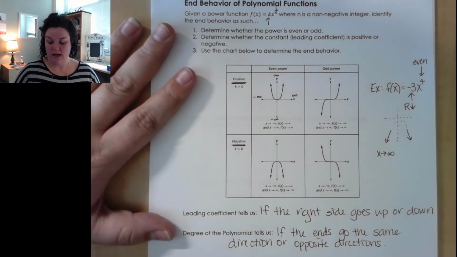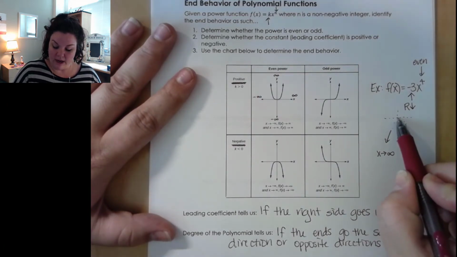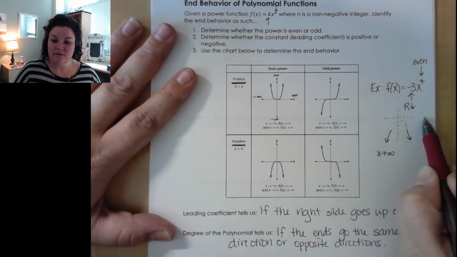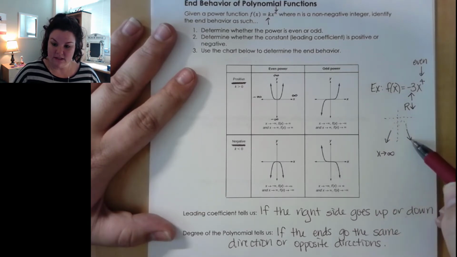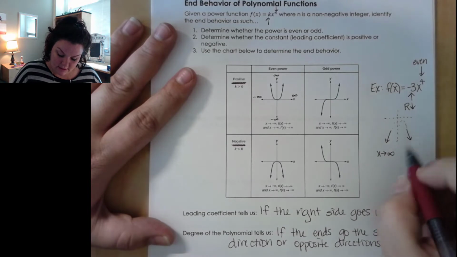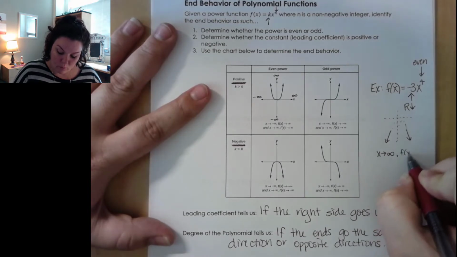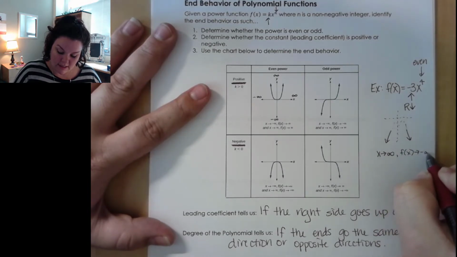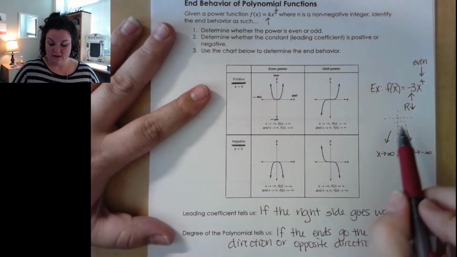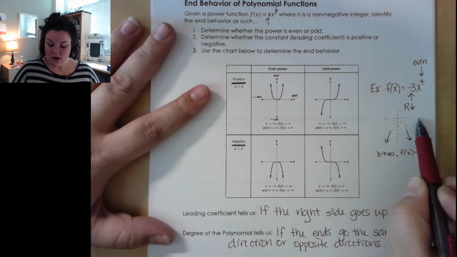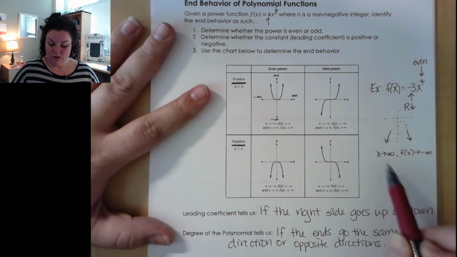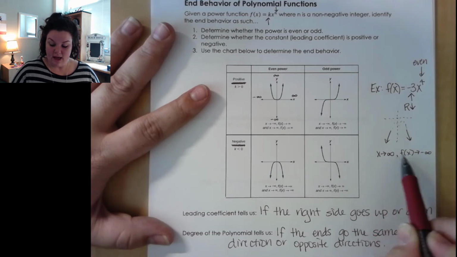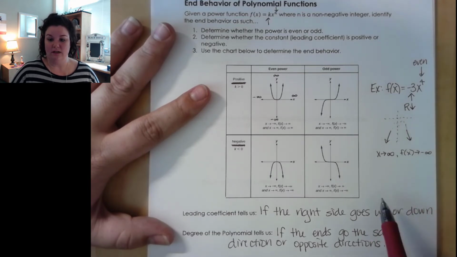We don't actually know. But as we go out in the right direction towards positive infinity, notice my right side is going down. So that means my f(x)'s, or my y's, are going to go to negative infinity. As our x's go out to the right, our y's go down. In other words, as x goes to infinity, f(x) goes down to negative infinity.